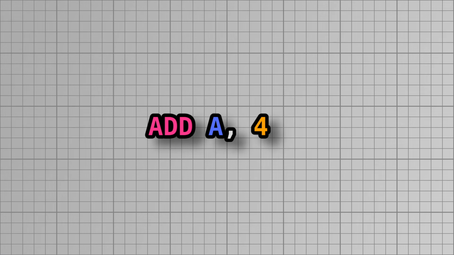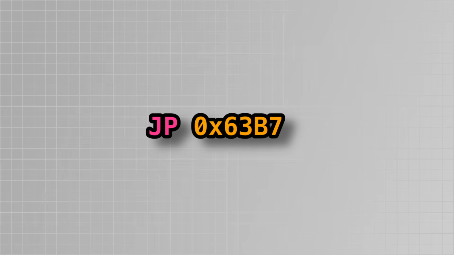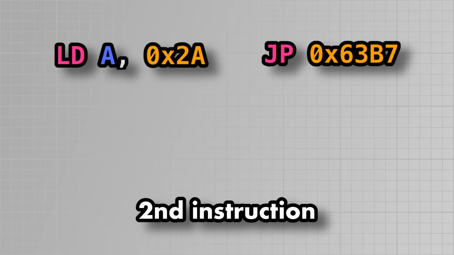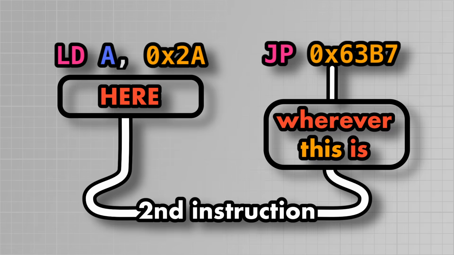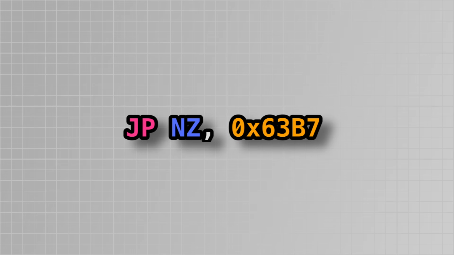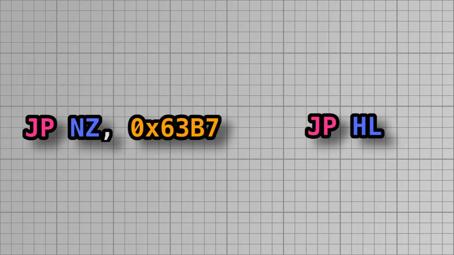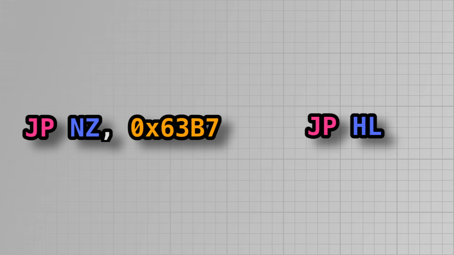Except, where is the second instruction? If the first instruction was something simple, like a load or an add, or even a static jump, then it's easy. The second instruction is just the next instruction, or wherever the jump said to go. But what if the first instruction is a conditional jump, or a jump to a location given by a register value? Well, that's kind of silly. Why would the first instruction be something like that?